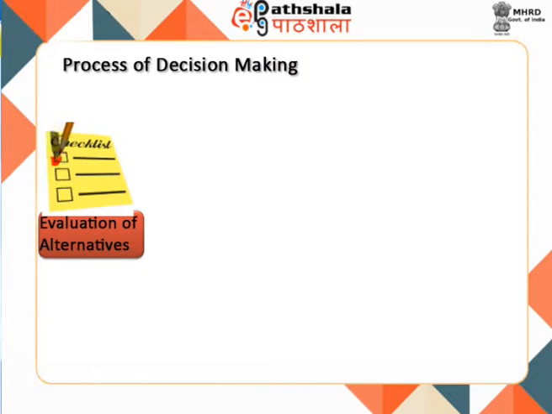The best alternative should provide the greatest amount of benefits, and each alternative is tested for this. The manager should be able to foresee the probable, desirable, and undesirable consequences of every alternative before actually adopting it.